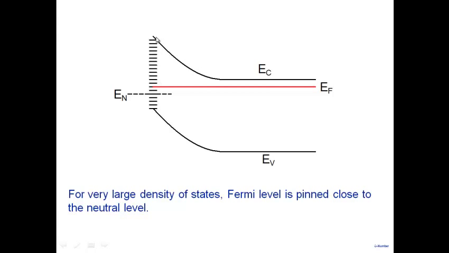For example, we'll see later on, if the Fermi energy coincides here, how much is the charge here? We can work this out and show that the Fermi energy has to be very close to the neutral level. If it's not, then I require a lot of charge at the surface, and that charge cannot be balanced by positive charge here.